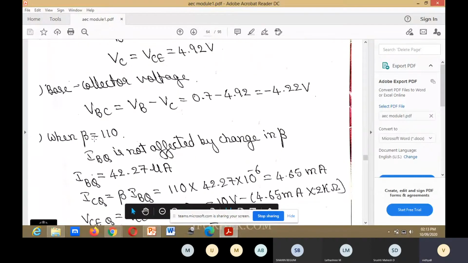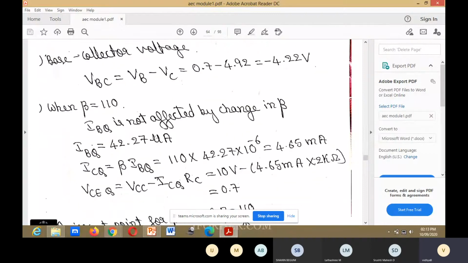Next, when beta is equal to 110, what is the value of ICQ and VCE? IBQ is common. It is not affected by change in beta. IBQ is equal to 42.27 microamps. ICQ is equal to beta into IBQ. After substituting, you will get 4.65 milliamps.